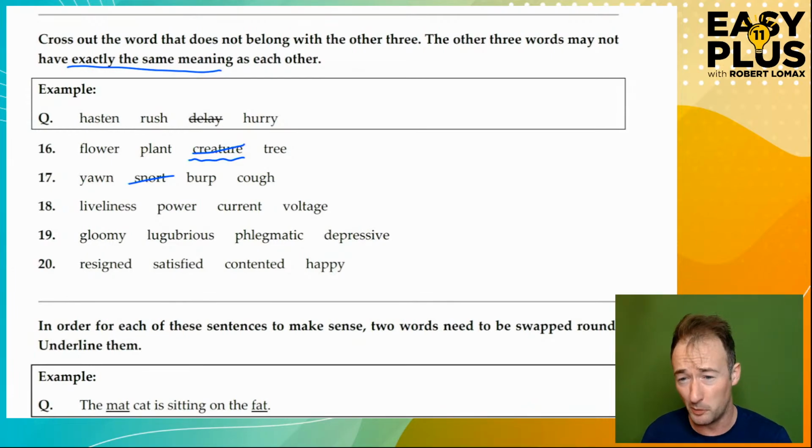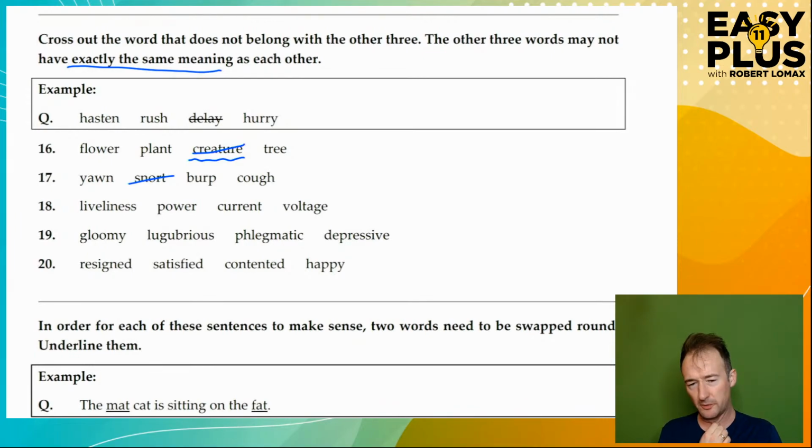It can really help. Okay, liveliness, power, current, voltage. How many of these can be to do with being lively? Power, if you're powerful, yeah, I guess, but current and voltage, no, not really. Voltage, where have I seen that before? That is to do with electricity, isn't it?